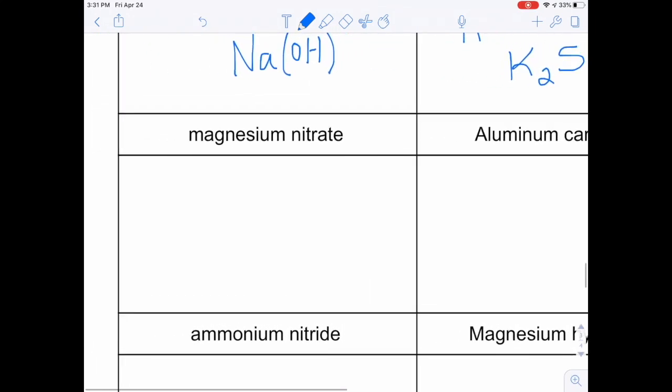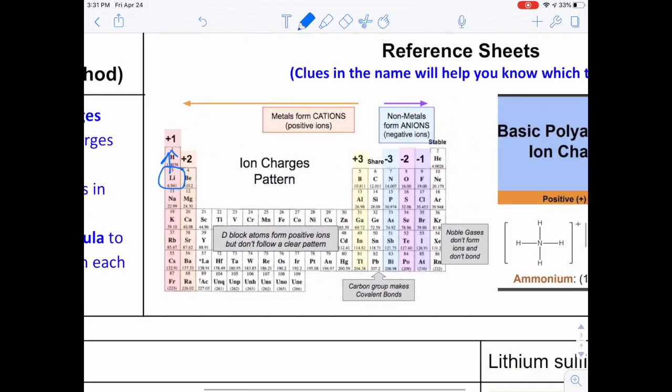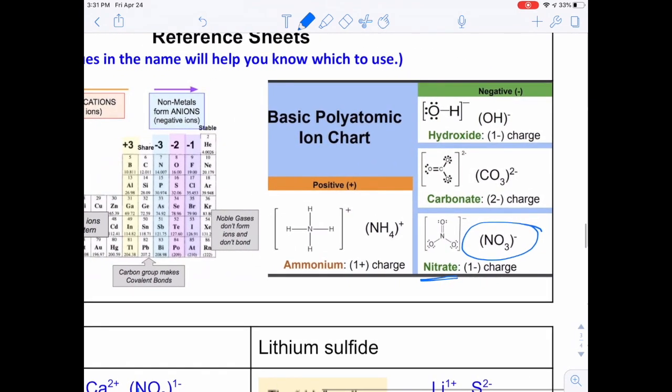Magnesium nitrate. Oh, there's that "ate" again. So that means that's a polyatomic. Magnesium's an Mg, and I need to get the charges. Magnesium is here, +2. And nitrate, again, was the -1, same one as last time.